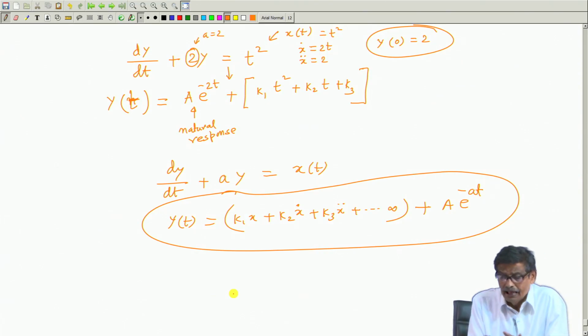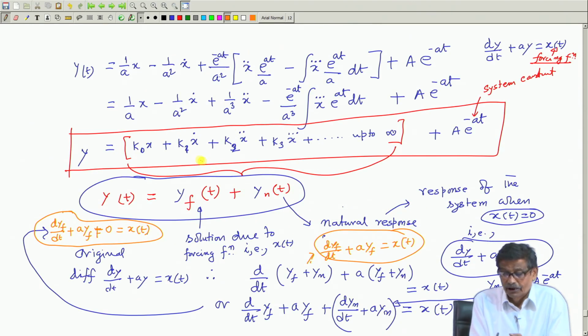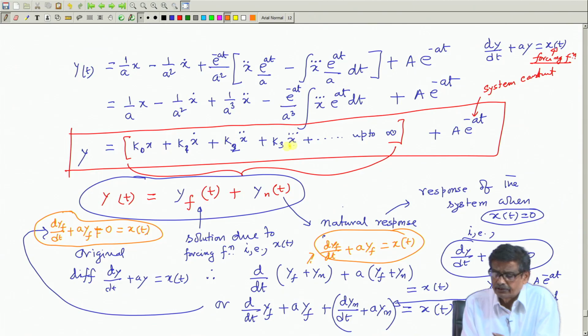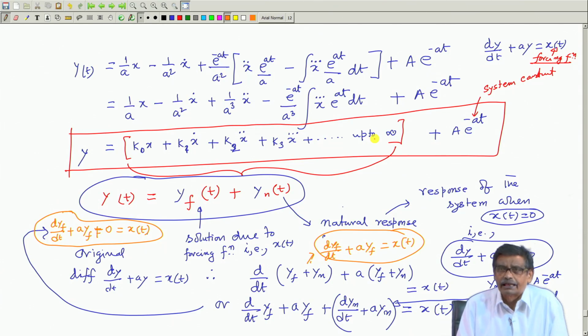Now I am not integrating. After I obtain this pattern, I know what is waiting for me for y(t), and this can be easily written: a linear combination of x and its higher order derivatives. Of course, up to infinity it may slightly disturb you, but in almost all cases you will find this is not too tough to tackle.